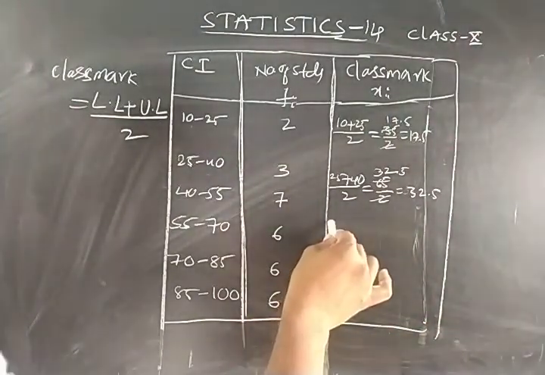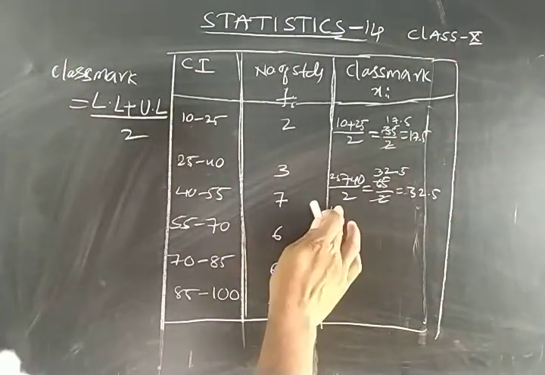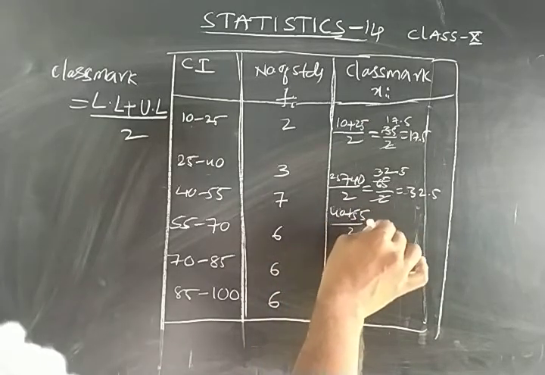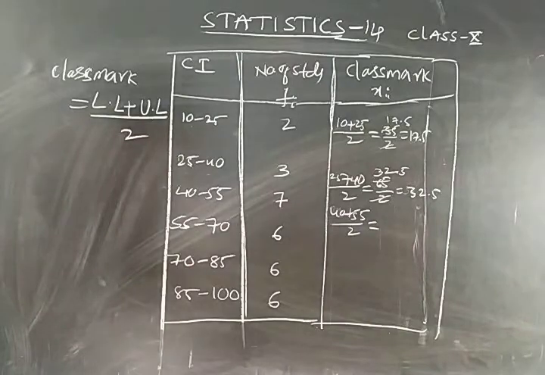Next, similarly, 40 plus 55 by 2. That is 95 by 2.